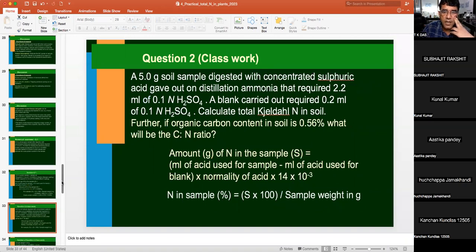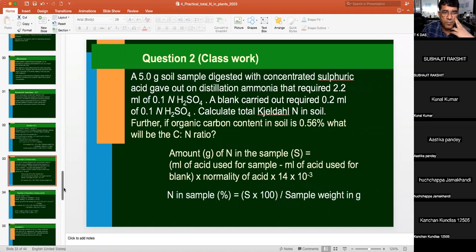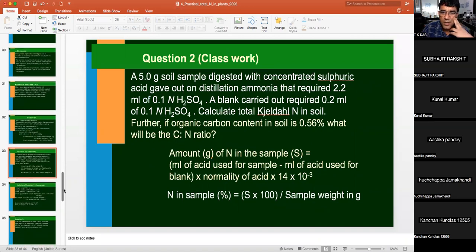In this exercise, I will not show you the formula in detail, and you start doing it. A 5 gram, that was a plant sample, this is a soil sample. A 5 gram soil sample digested with concentrated sulfuric acid gave out on distillation ammonia that required 2.2 ml of 0.1 normal H2SO4. It means the sample reading was 2.2. It is just a change of language.